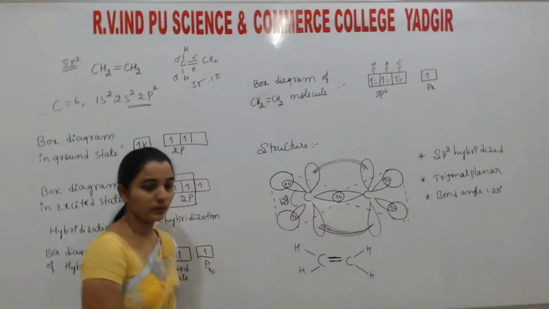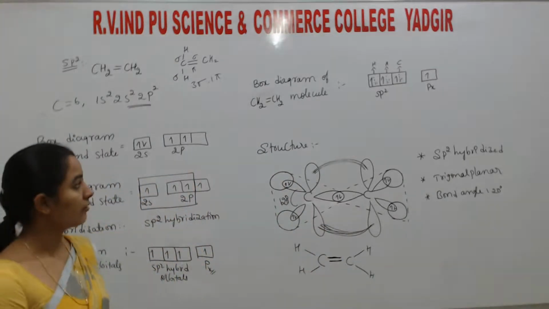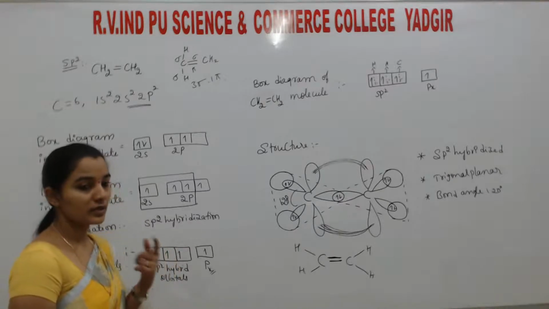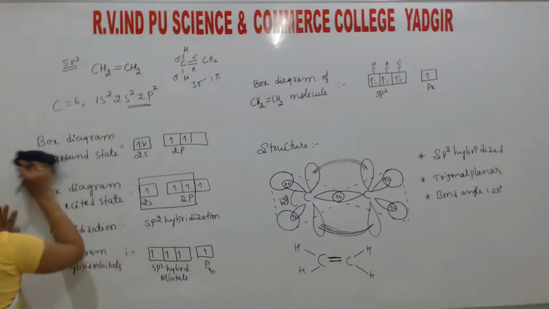So this is all about the structure of the ethene molecule, CH2 double bond CH2.